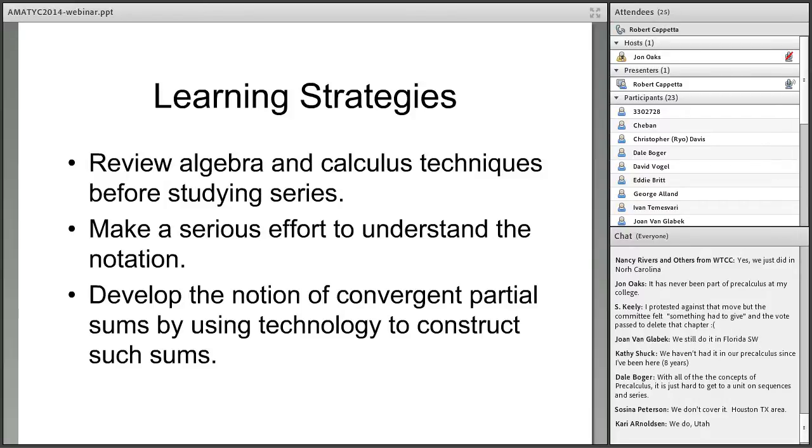Develop the notion of convergent partial sums by using technology. For several years, I have been writing little programs for the Texas Instruments graphing calculator, where the student can plug in the series to look at, and they can see what's the sum of the first 10 terms, 100 terms, 1,000 terms, whatever that is, to look at those partial sums and use the technology to help us motivate that concept.